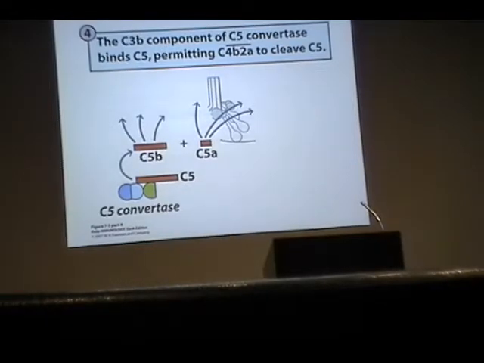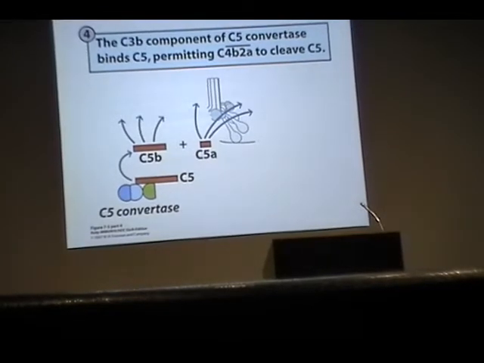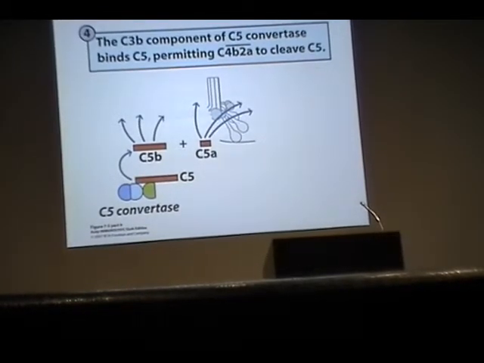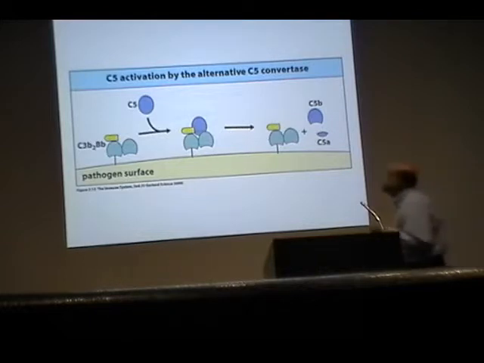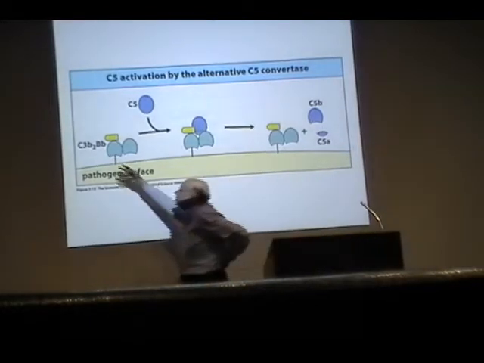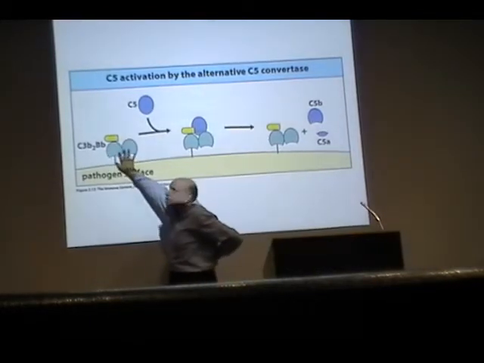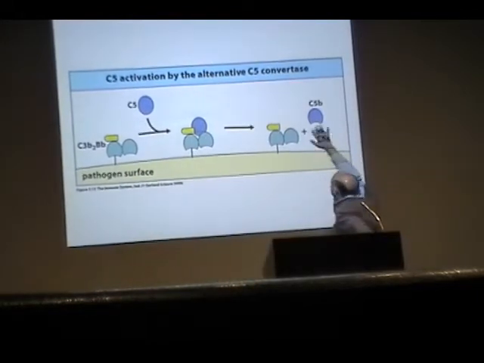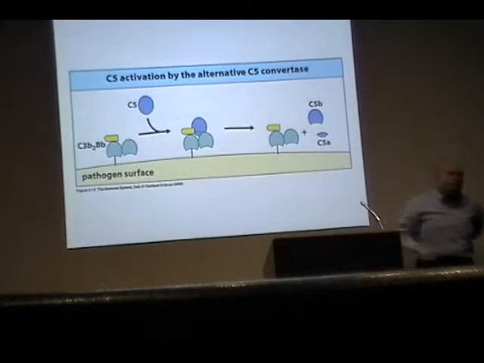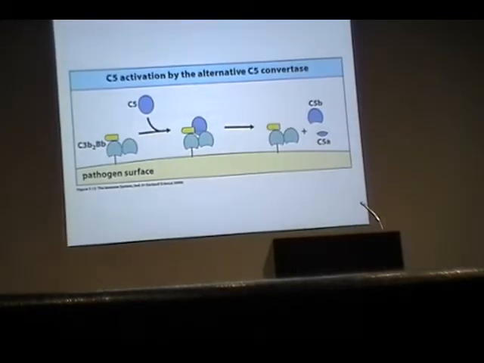And C5b is generated by the C5 convertase, which is the C3 convertase with an extra molecule of C3b associated with it. So what we have here is C3b, BB, C3b, the C5 convertase. C5 comes in, cleaves C5, C5a floats away, C5b binds to the surface, but it is non-covalent.